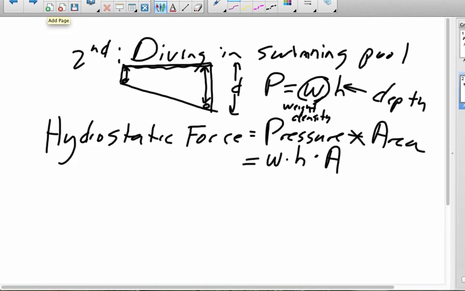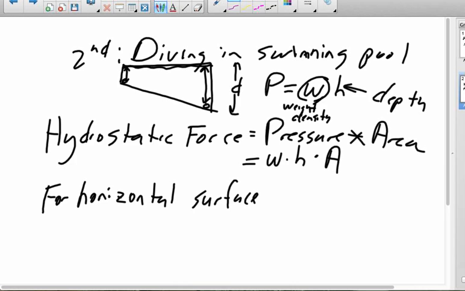All right, so let's take a look then. Now, before I do that, for horizontal surfaces, the pressure is the same everywhere because the depth doesn't change.